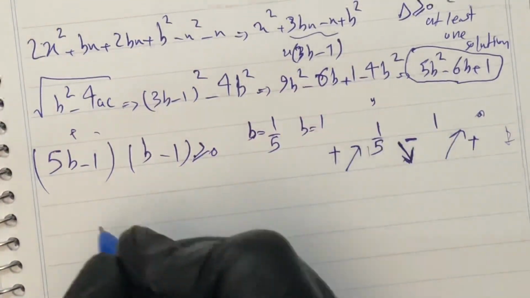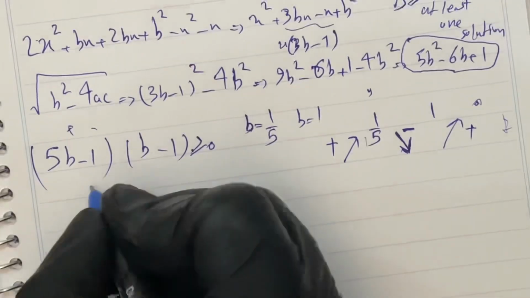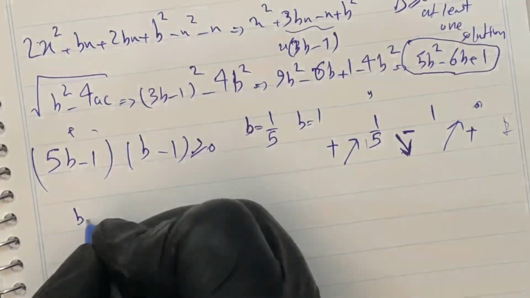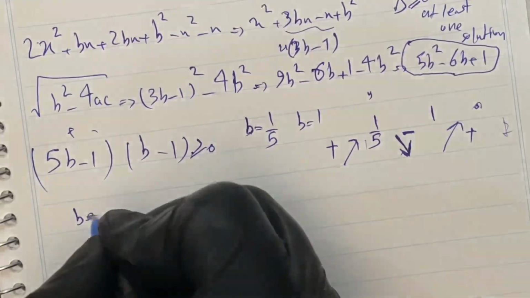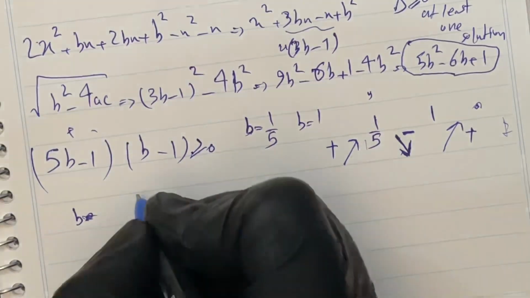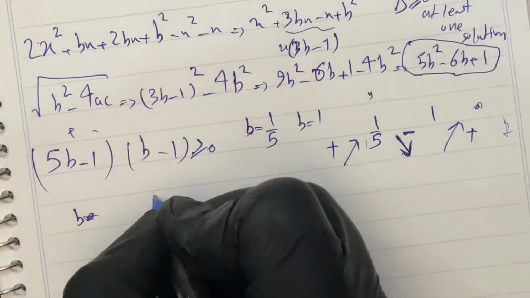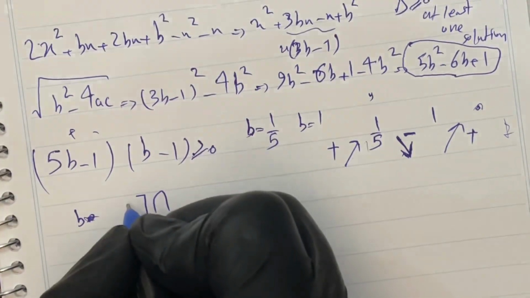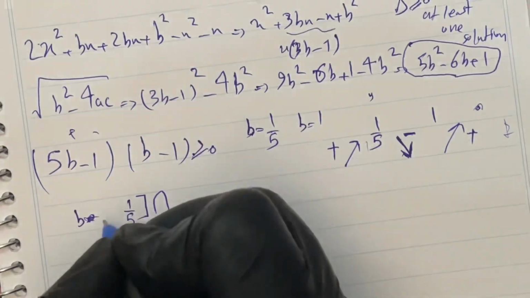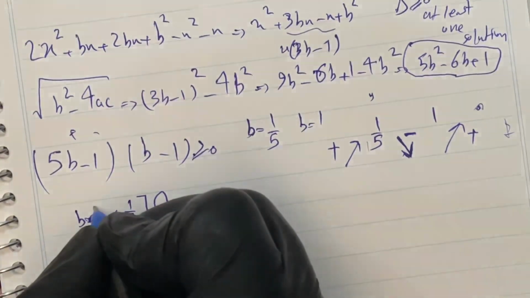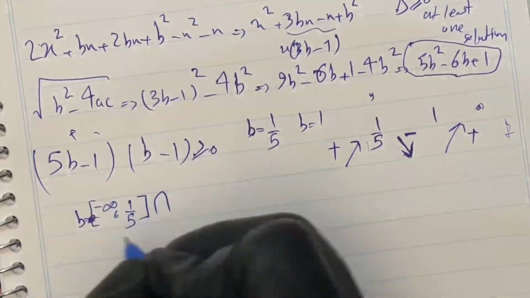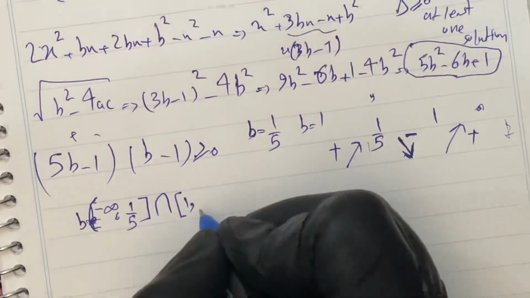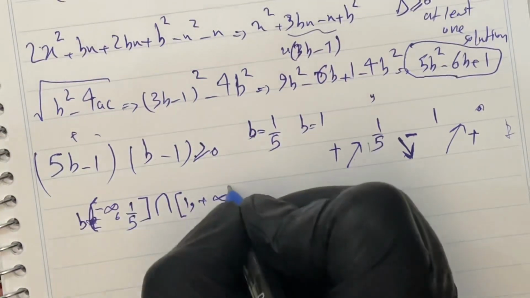What does that mean? That means the values of b form an interval. b is in the range from negative infinity to 1 over 5, and from 1 to positive infinity.